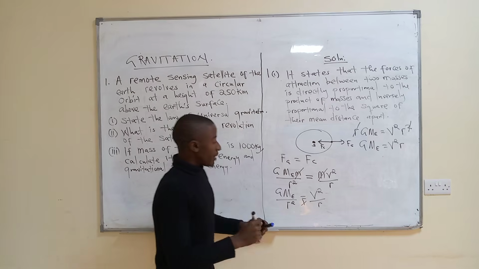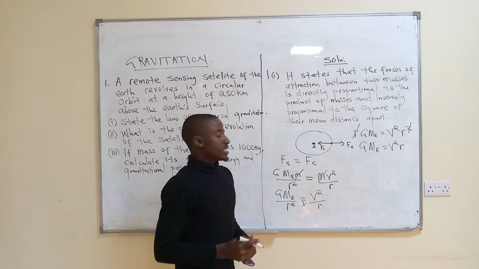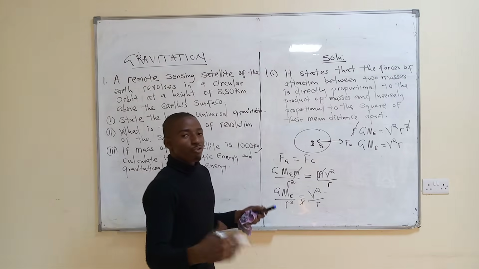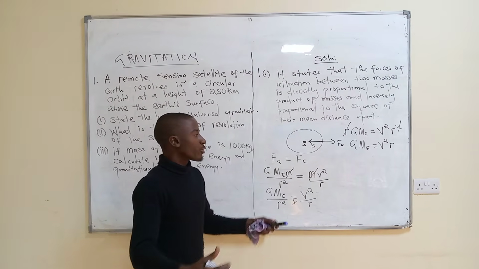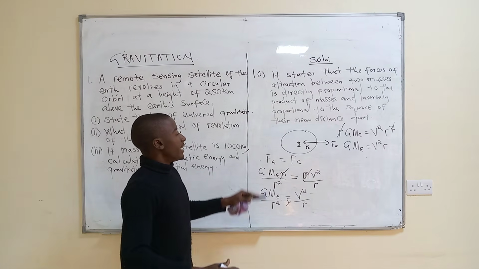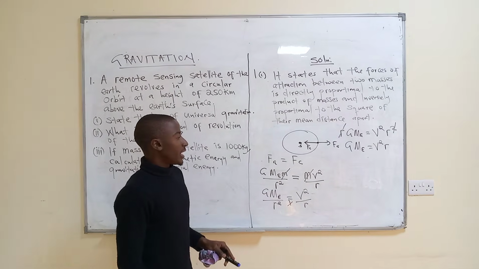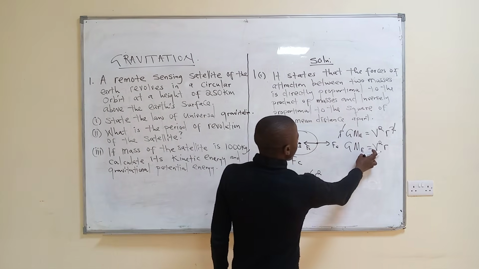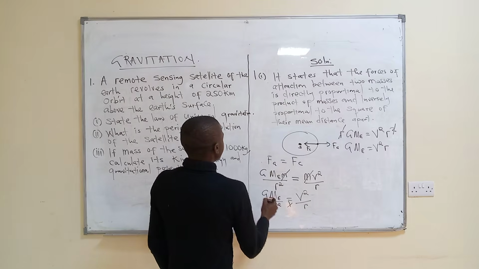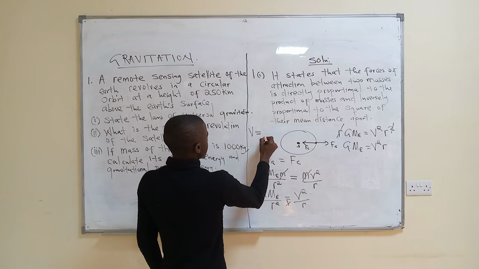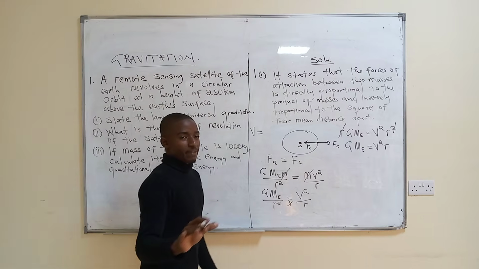The reason why I'm doing this is that in most cases they bring questions to say derive the formula for period, also for radius. So I have to show you all the procedures so that even if you have forgotten the formula, you can just follow these steps to calculate. Now we know that velocity is equal to distance over period.